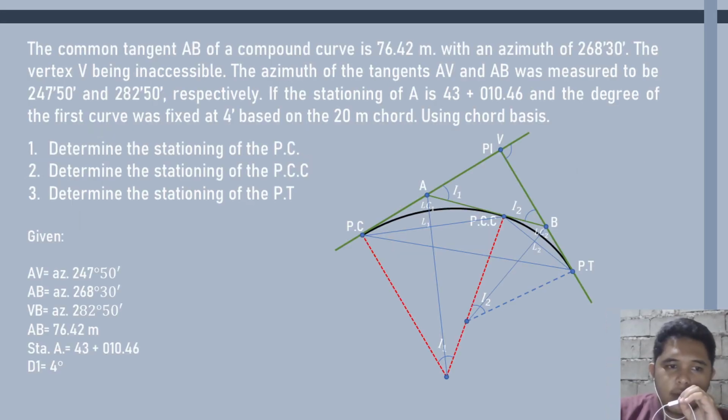Next, we have here a problem for compound curve. The common tangent AB of a compound curve is 76.42 meters with an azimuth of 268 degrees 30 minutes. The vertex V is being inaccessible.